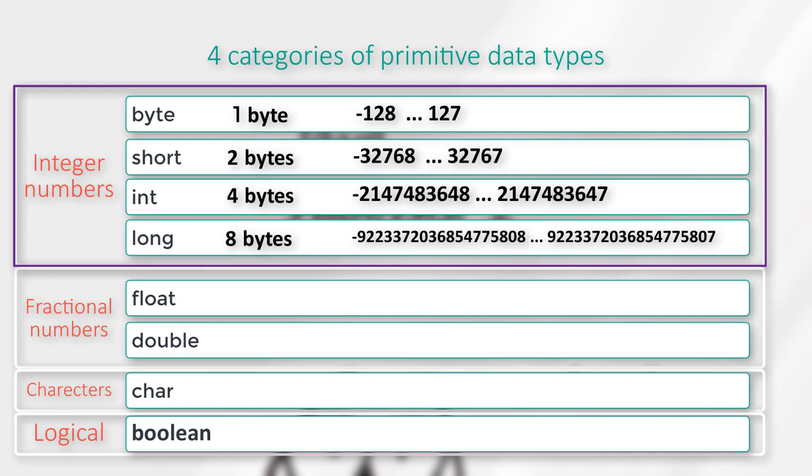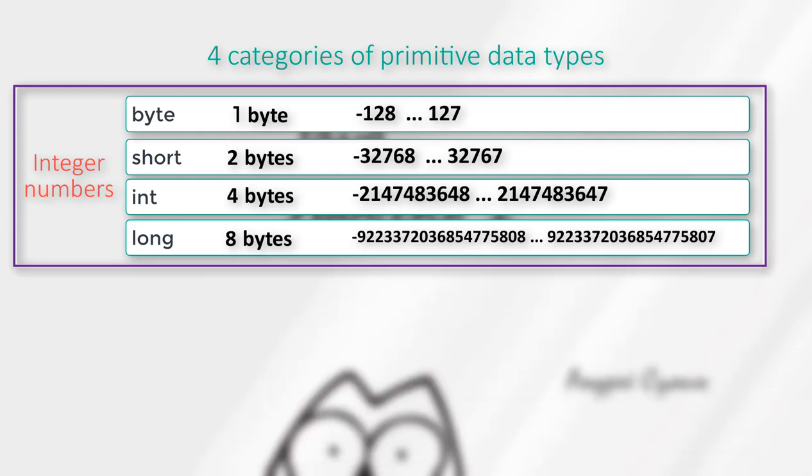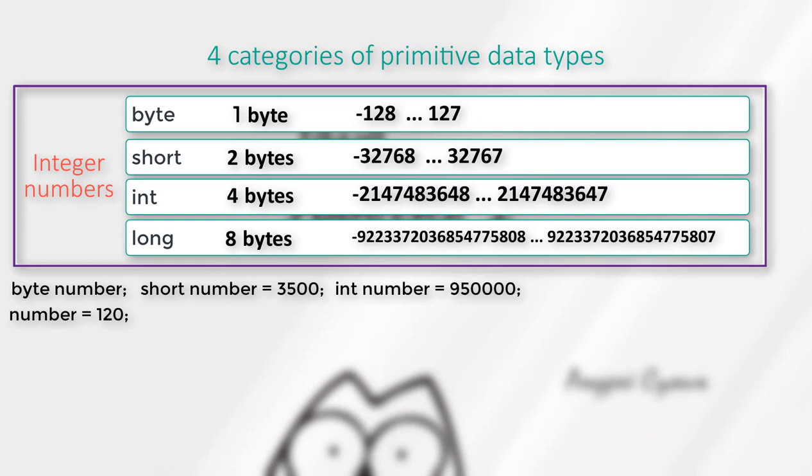It can be initialized immediately or later. Byte number equals 120. Or short number equals 3,500. Int number equals 950,000. Long number equals a very big number.